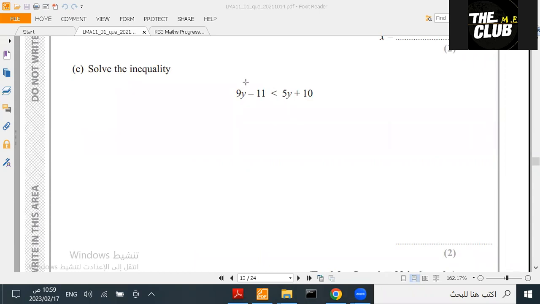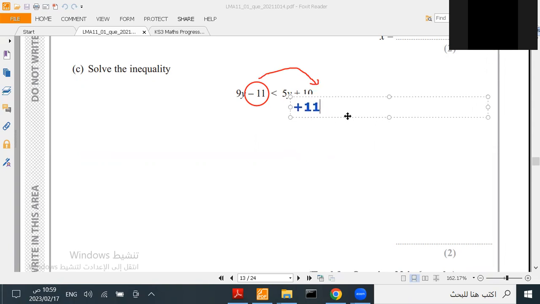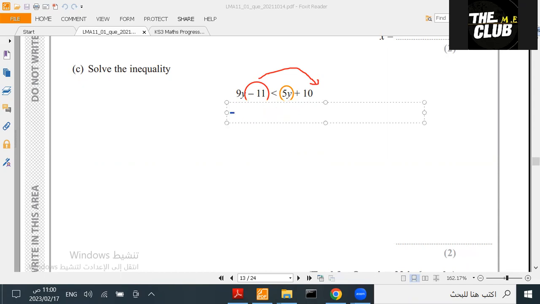First I'm going to take the negative 11 to the other side, and it becomes positive 11. That's the first step. Then I move the 5y, because it was 9y minus 5y, so I write minus 5y here.